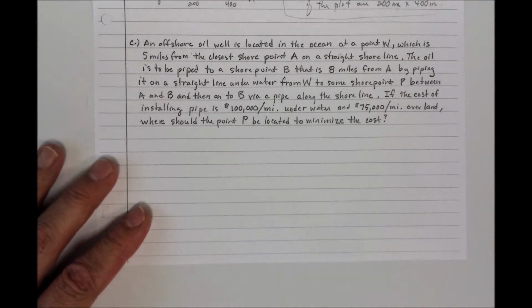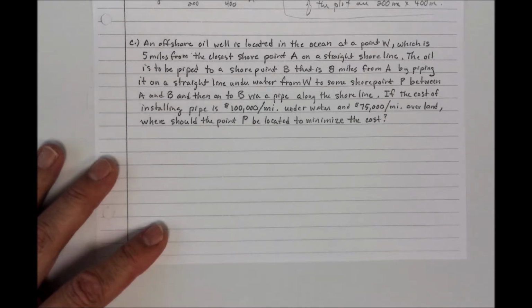An offshore oil well is located in the ocean, hopefully it's in the ocean, at a point W, which is 5 miles from the closest shore point, which is point A, on a straight shoreline. The oil is to be piped to a shore point B, which is 8 miles from A, by piping it on a straight line underwater from W to some shore point P between A and B, and then on to B via a pipe along the shoreline.